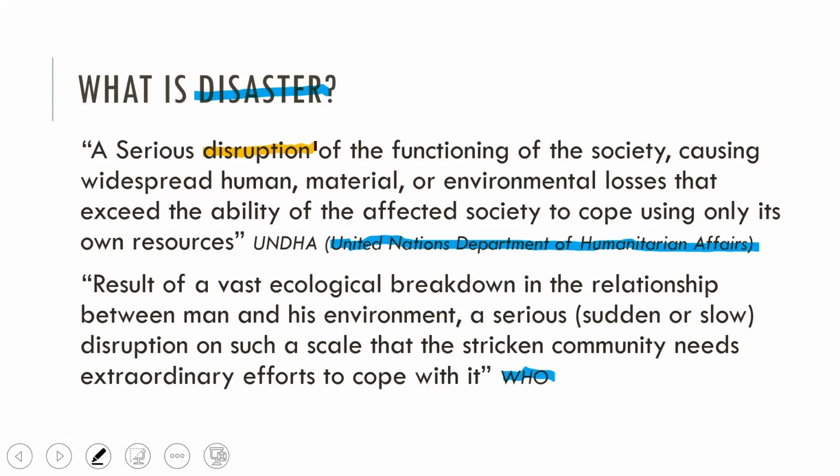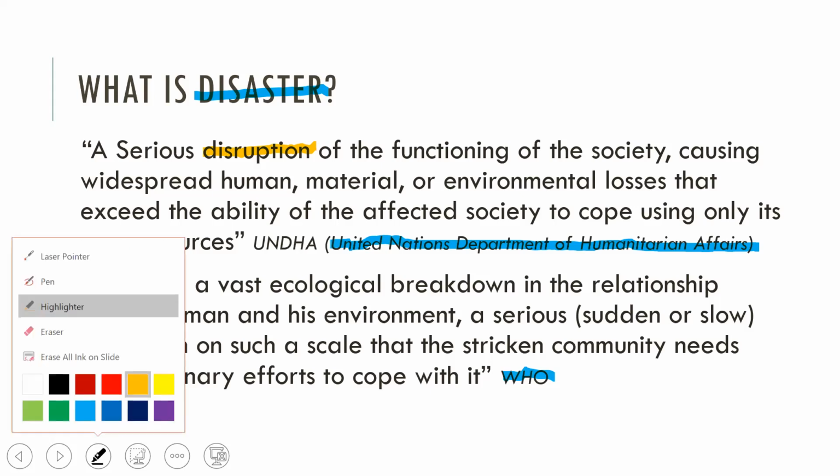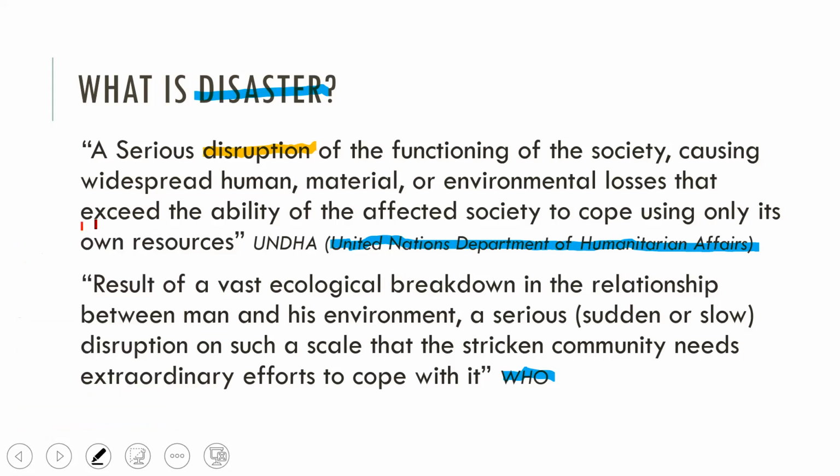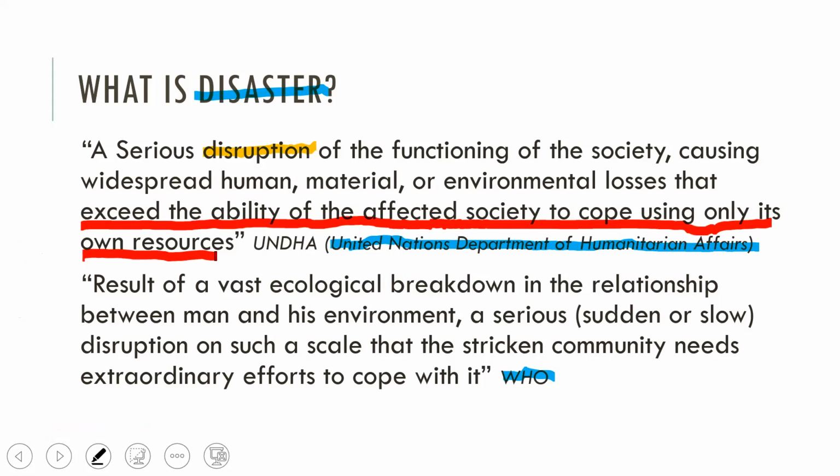That the losses caused by the disruption exceed the ability of the affected society to cope using its own resources. This is the key to defining a disaster. Is the disruption a disaster or not? If the affected society cannot deal with the disruption, then it is a disaster. But if it can deal with it, then it's not a disaster.